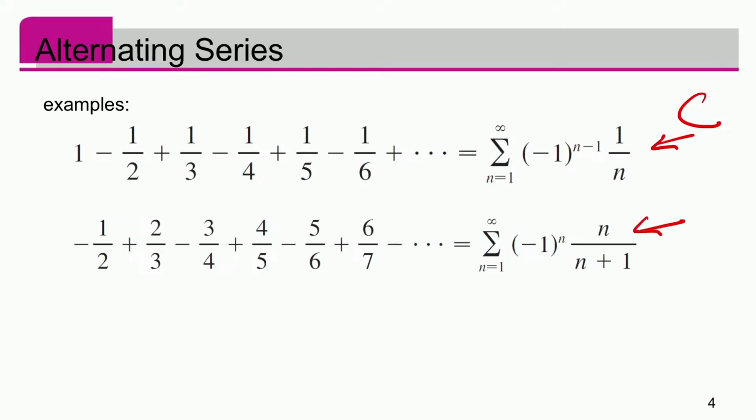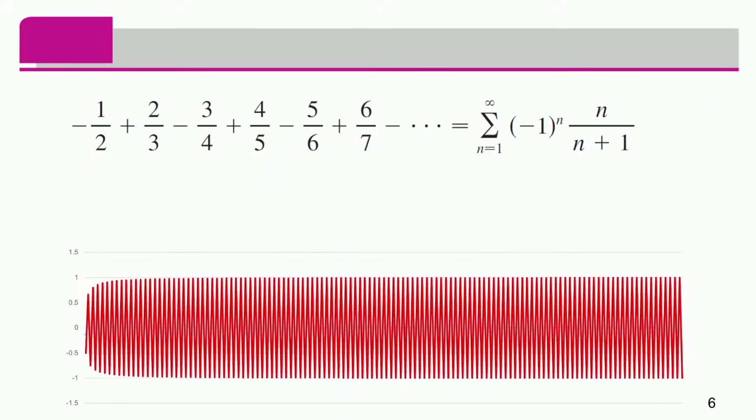This one, does this converge or diverge? Well, let's find out. Here's a picture of the terms. Once again, these are just the terms. They start at negative 1/2, positive 2/3, negative 3/4, positive 4/5, negative 5/6, and so on. You probably see what's happening here: unlike the baby blue sequence of numbers, these numbers are getting further away from 0, aren't they? When this happens, check out what happens with the sum.